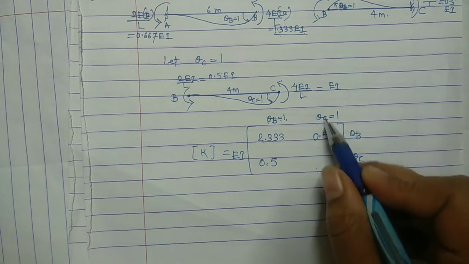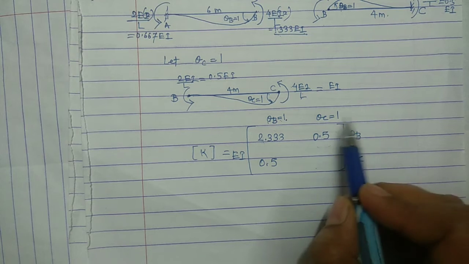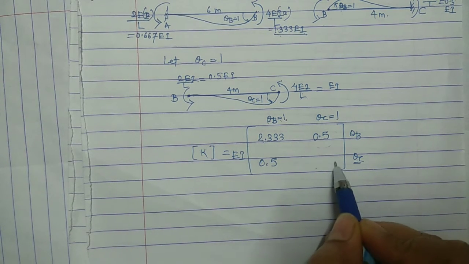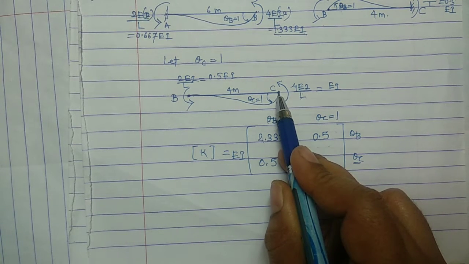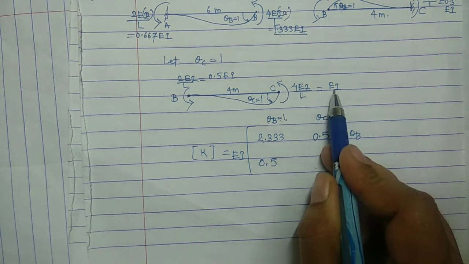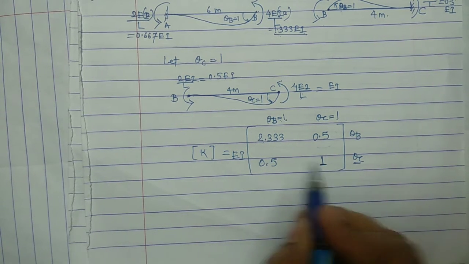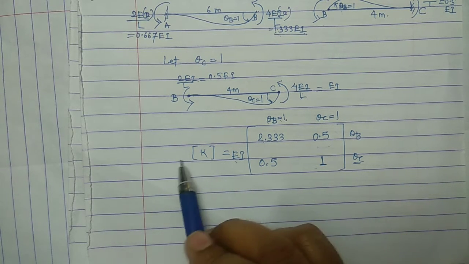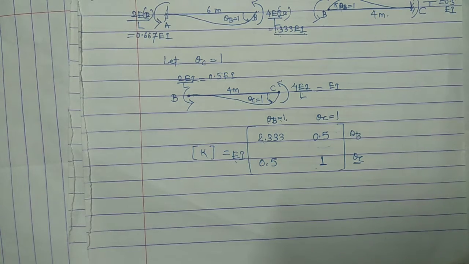And the second element under this column, in theta C. So when theta C equal to 1, in this figure, the action corresponding to theta C, that is the moment at C point. Moment at C point is EI. So here that element is 1. EI is taken outside the matrix, common. So this is your final K matrix.